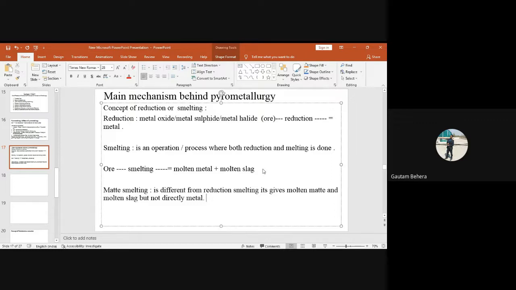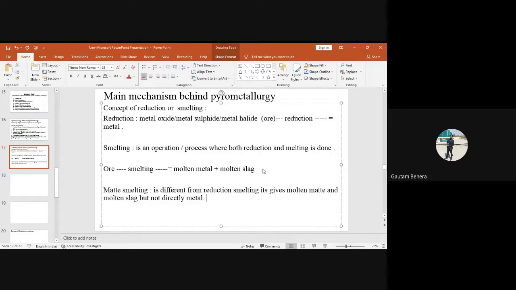Otherwise, if the ore is a simple one, like iron oxide, lead oxide, or tin oxide, we can go directly for reduction smelting. We'll directly get molten metal. But if the ore is a complex sulfide, like chalcopyrite, CuFeS2, then we have to go for matte smelting anyhow. So the first step is production of matte. The next step will be production of metal from the matte.